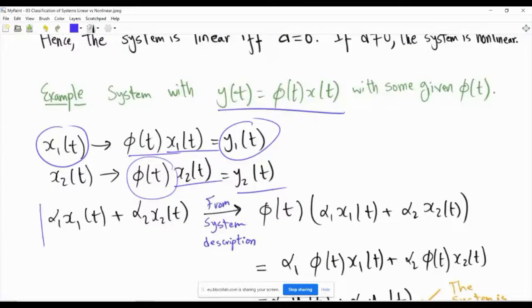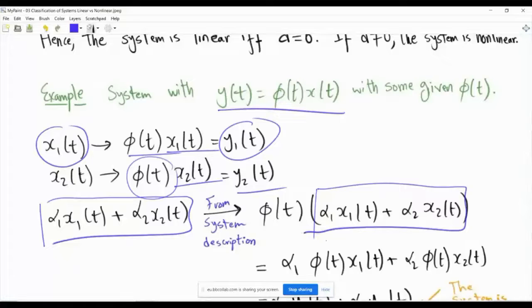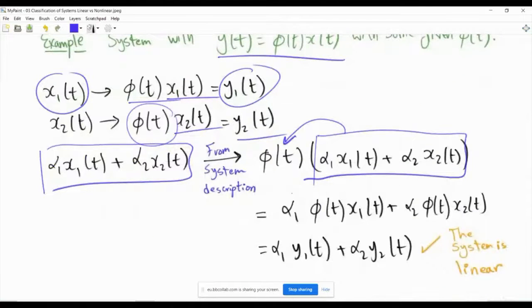And from the system description, if you give it this linear combination, it will respond by taking any input and multiplying it by phi of t. This is the output based on how the system operates.